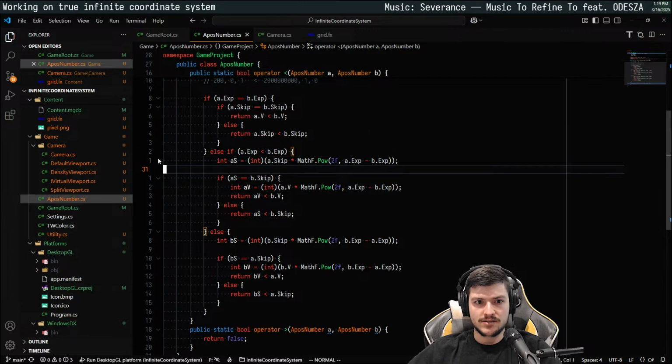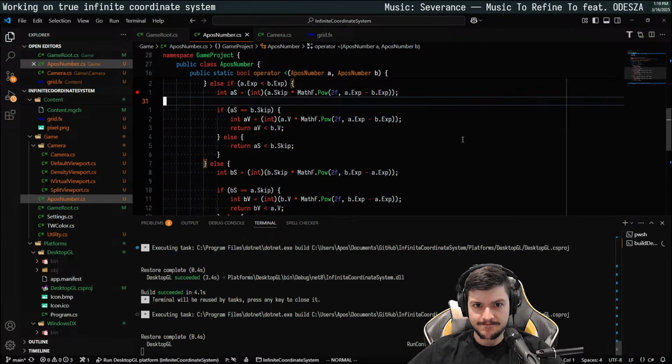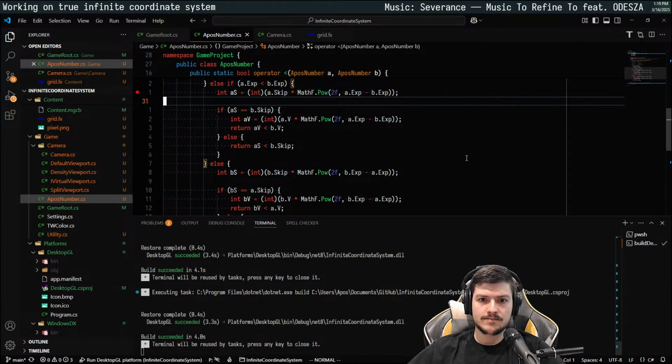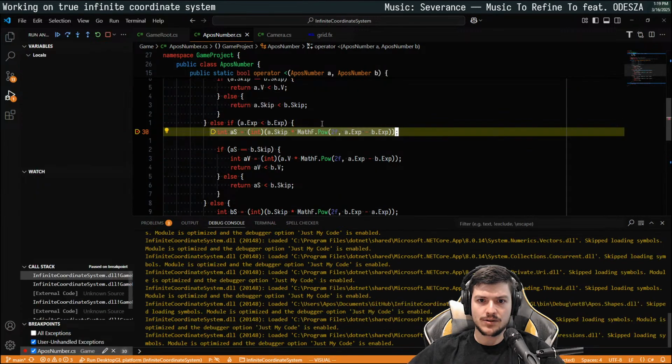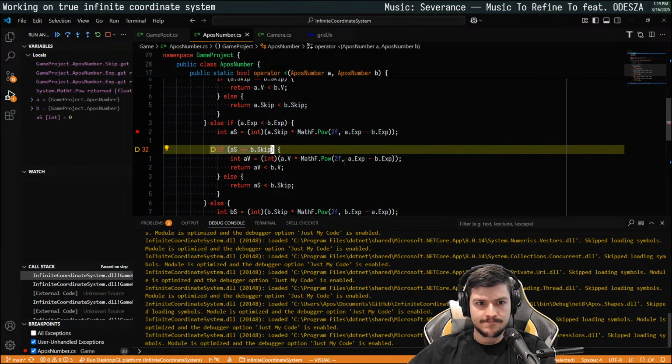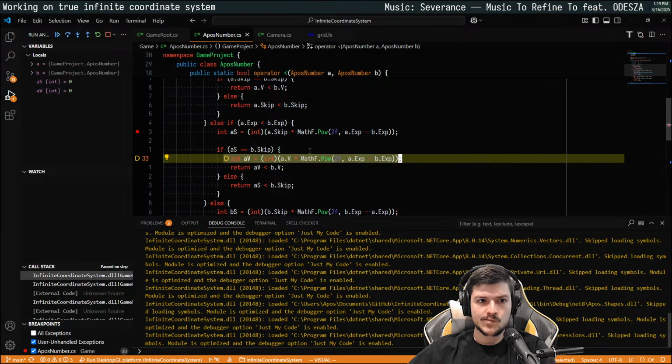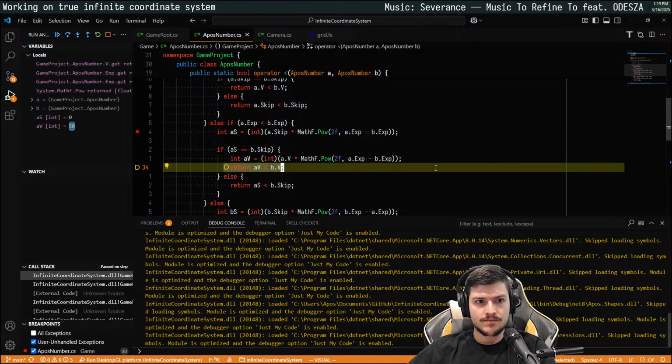Oh, I guess I could just put a breakpoint here. Ah, so there was a thing to handle. Yeah, that's fine. AV is 50.